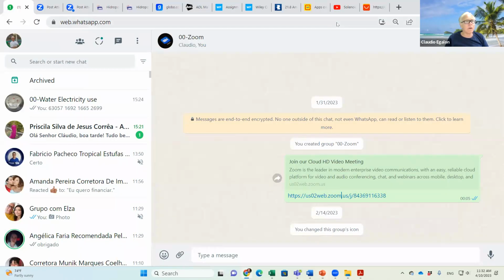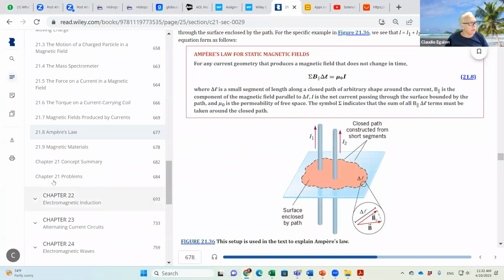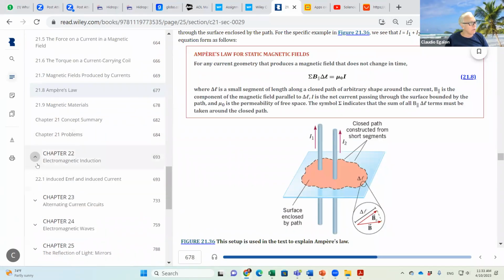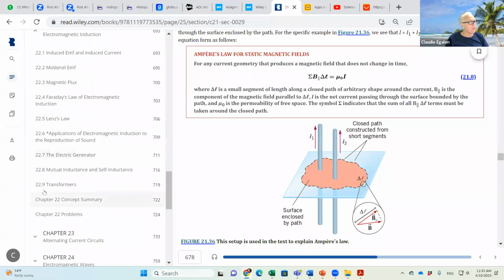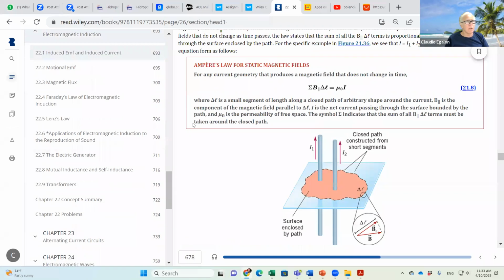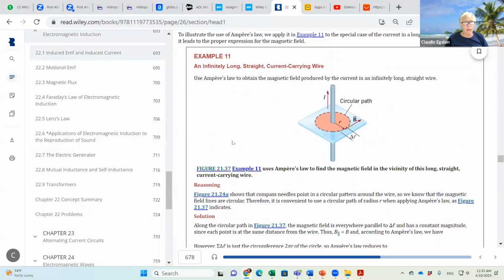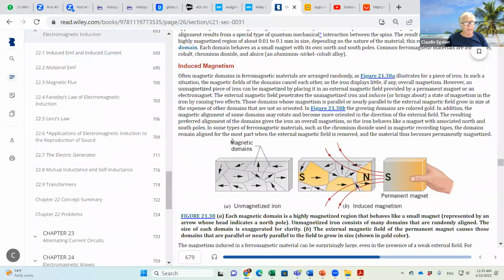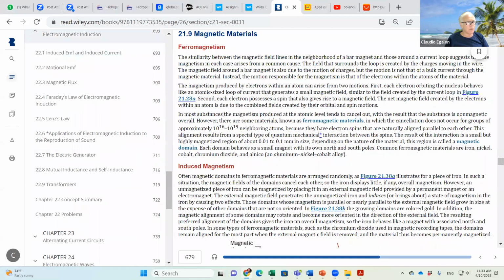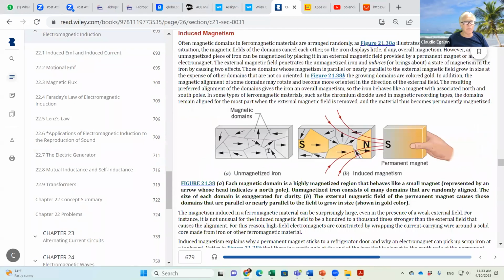Oh, not here. This one? Chapter 22. First, I am going to give you a qualitative understanding. We are not doing magnetic materials, okay? We're skipping that.